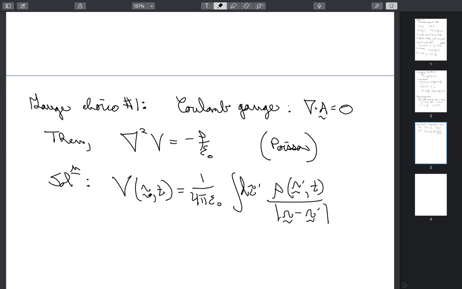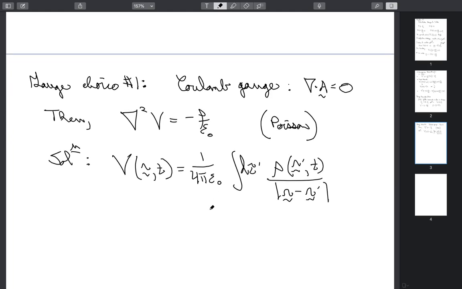So irrespective of the distance between the evaluation point and the source point, the scalar potential is given by this. Now, you don't have to worry too much, because that doesn't mean that information is traveling faster than light. This is just a representation. The value of the actual scalar potential itself is not physical. What is physical is the combination of it with the vector potential to give the electromagnetic fields. Nonetheless, this is kind of a handy way of writing a solution.